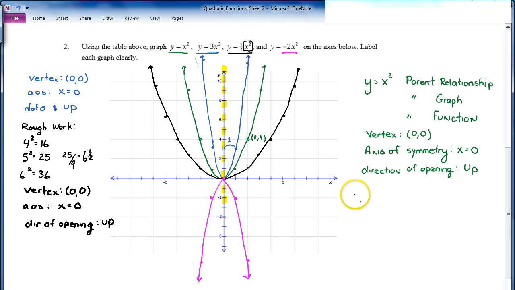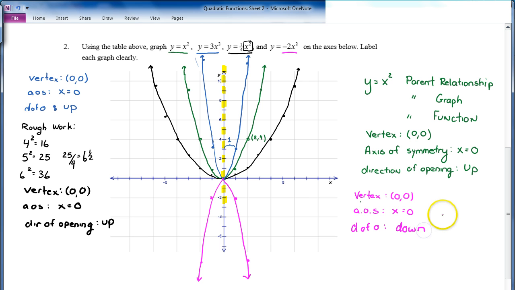So for this one, the vertex is at 0, 0. The axis of symmetry is x equals 0, and the direction of opening is down.